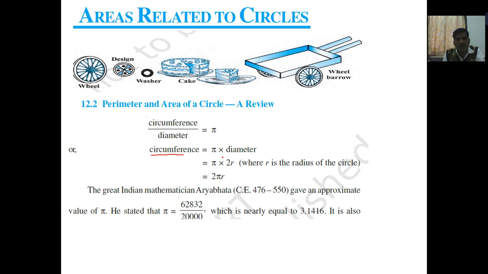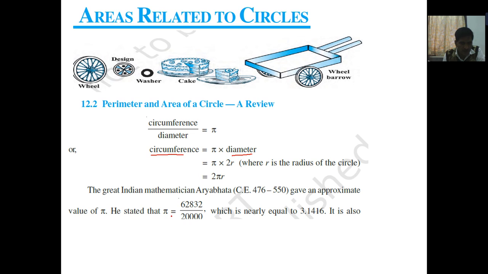So circumference is equal to pi into diameter. Circumference divided by diameter, you will always get pi. So circumference is equal to pi into 2r, that is 2 pi r. The great Indian mathematician Aryabhatta gave an approximate value of pi.